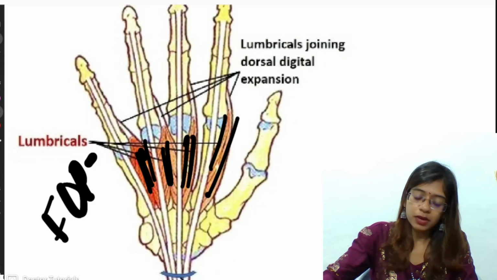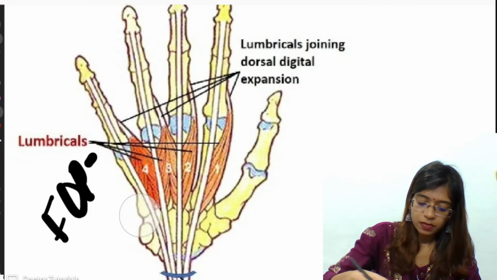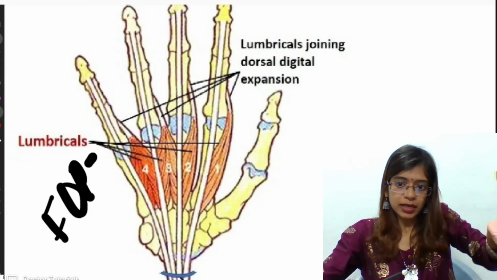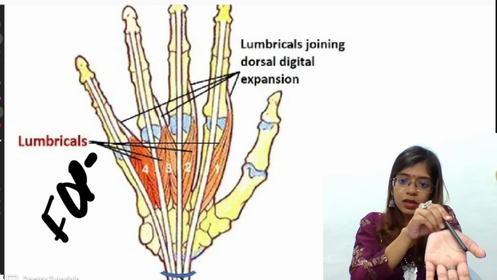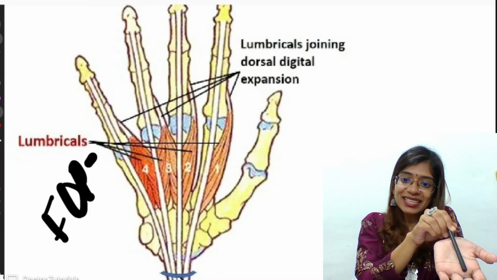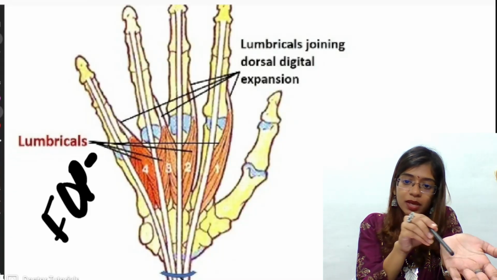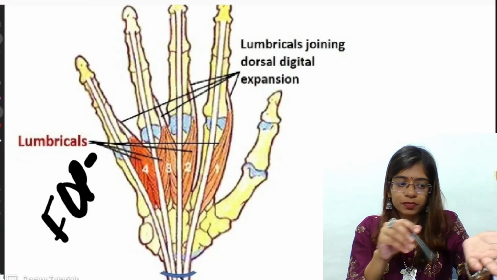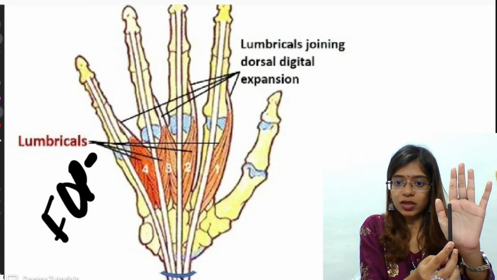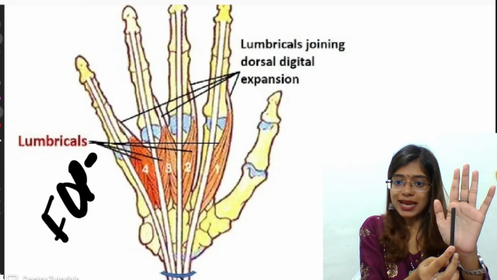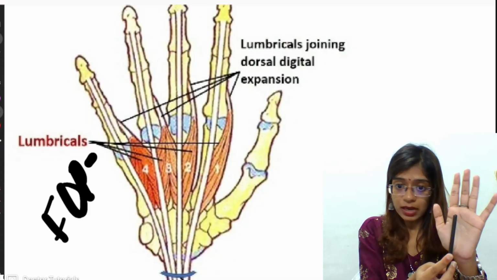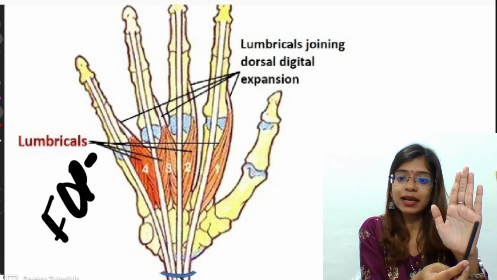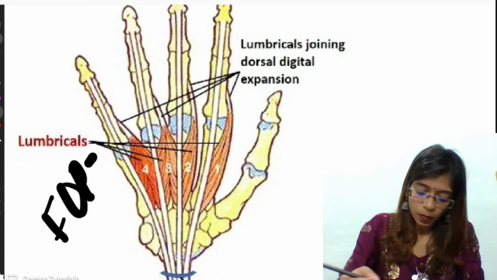The next point about lumbricals: remember that I told you there are 4 lumbricals. If I show my hand like this, the two on this side are called lateral two lumbricals, and the two on this side I will call medial lumbricals.